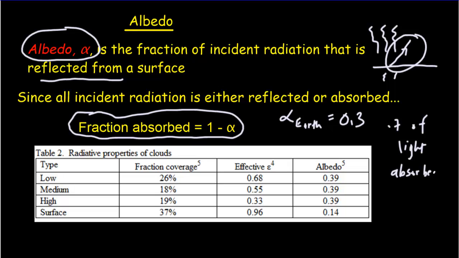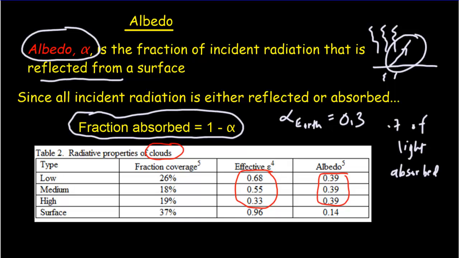And notice here, this chart's kind of interesting. Here we're just looking at different types of clouds, and notice that the emissivity of clouds is relatively low compared to surface elements like snow and soil, etc. And that the albedo is above average. The albedo of the Earth atmosphere system is about 0.3 as a whole.